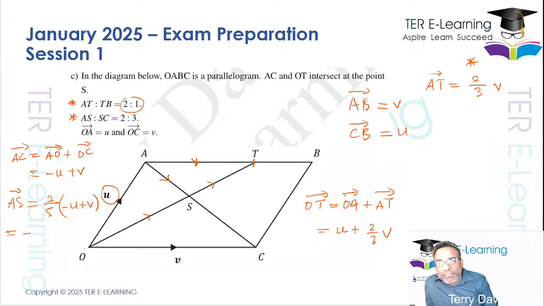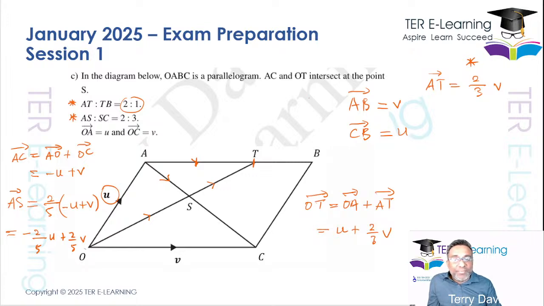But this is going to be minus 2/5 U plus 2/5 V. So that's my vector AS here. I hope that's making sense to you guys.